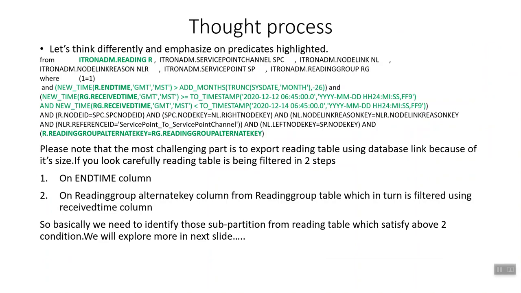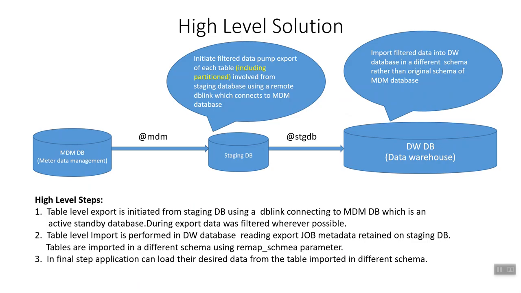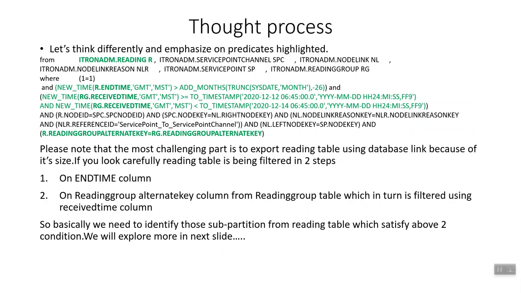Okay, now my thought process starts. If you go back to the first part, I have just tried to use the conditional statement, at least from the table name and the where clause. So let's focus on that. I have highlighted for the reading table what conditions you have to satisfy.